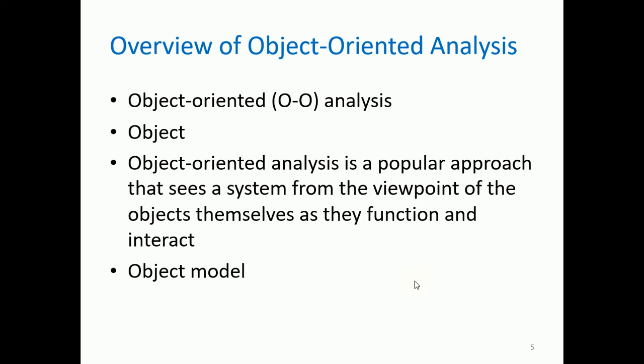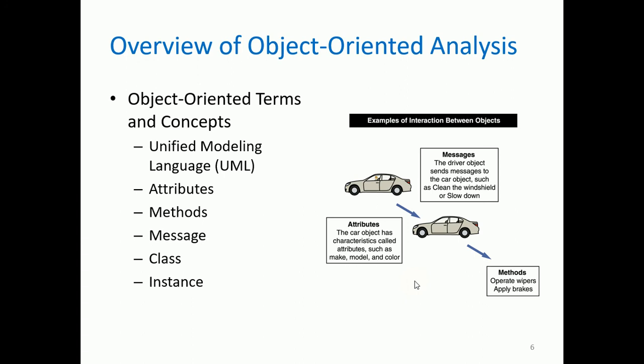OO analysis is a popular approach that sees a system from the viewpoint of the objects themselves as they function and interact. The diagrams we're going to make, such as use case, class diagrams, sequence diagrams, and the like, are called the object models. But before that, let's go over object-oriented terms and concepts.